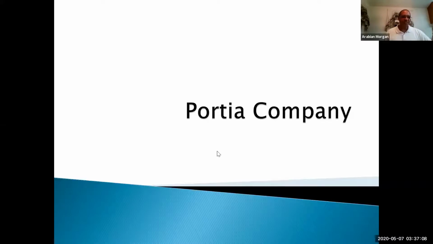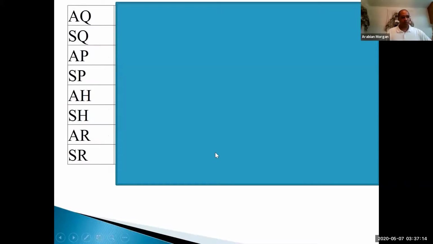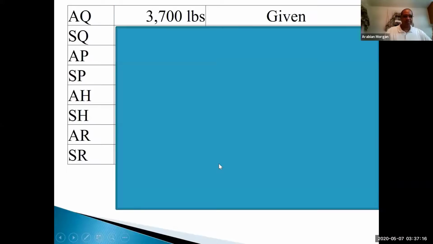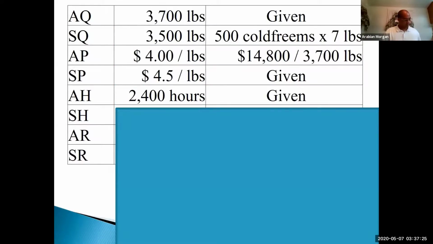Okay, so let's see how you did here on page 428. Porsche Company. Just want to see if you were able to lay out your variables. So we're going to walk through these here. So just take a look and let me know how you did.